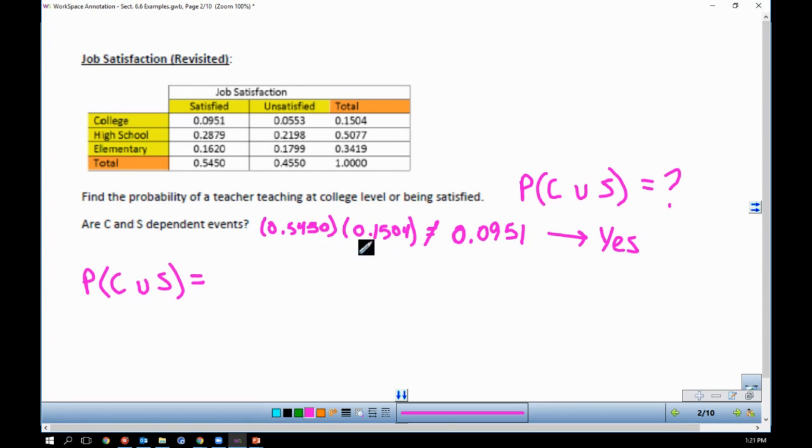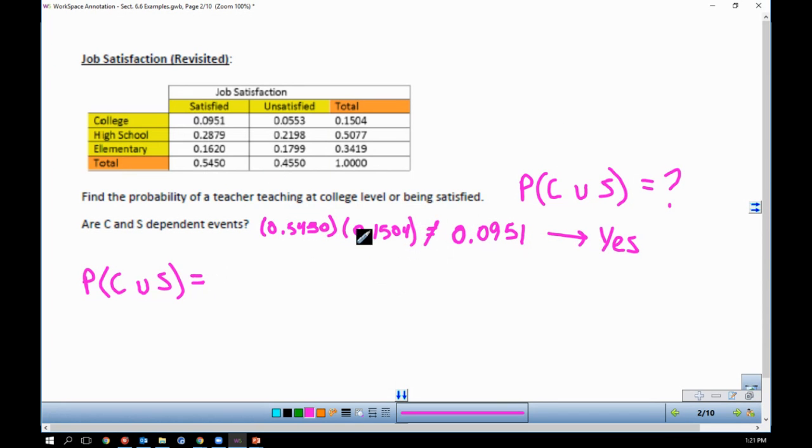Okay, let's see. I'm trying to think of a way to word it. Are you asking how we can make this jump to say they're dependent? Yeah, like what numbers make it dependent?